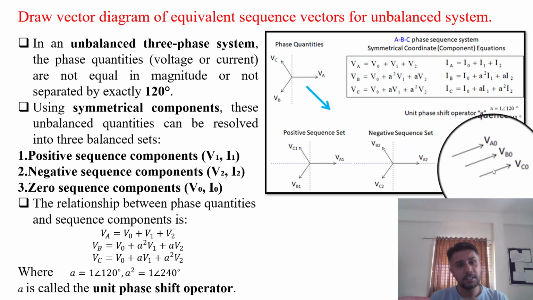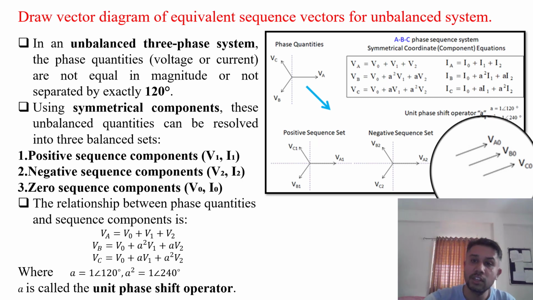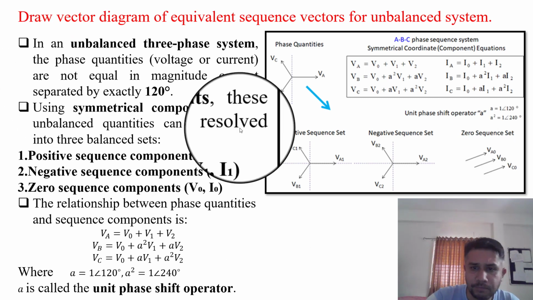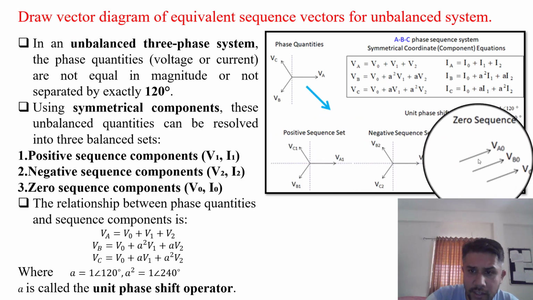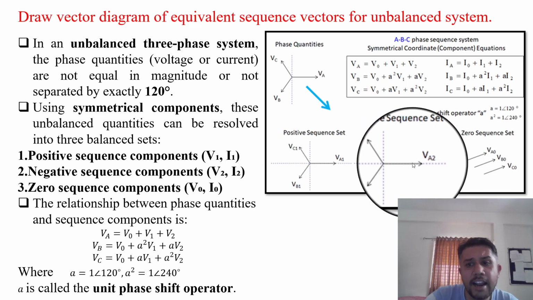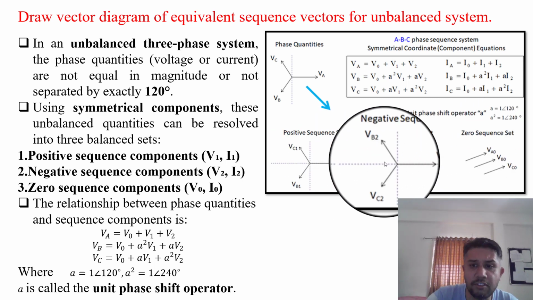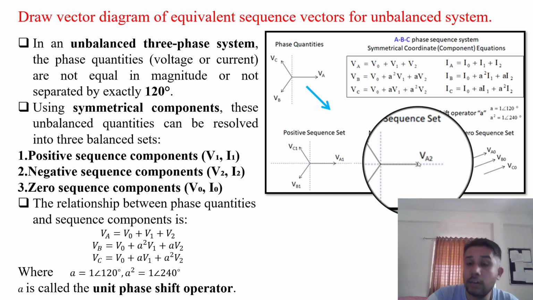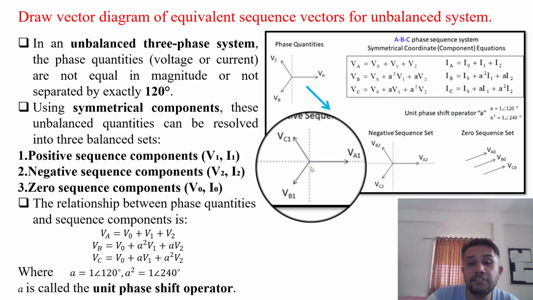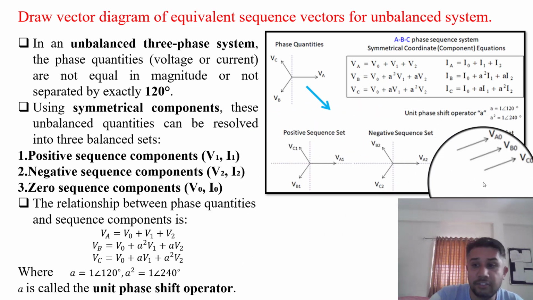Now these three balanced sets, positive sequence component, negative sequence component and zero sequence component, have the relationship between the phase quantities and sequence components as VA can be defined as zero component, positive sequence and negative, so V0, V1 and V2 like this. Now the second vector, that is VB, can be defined as V0.